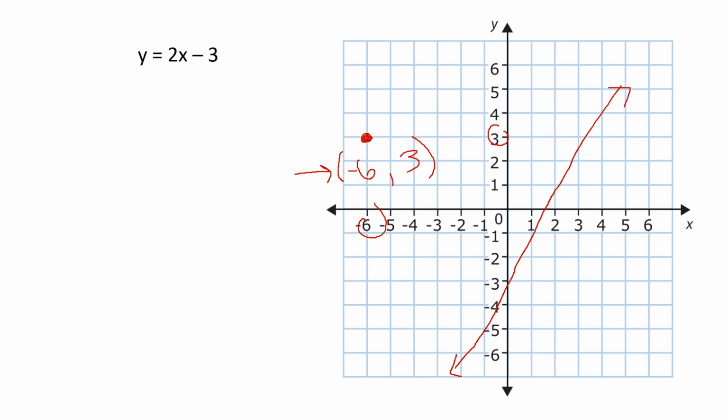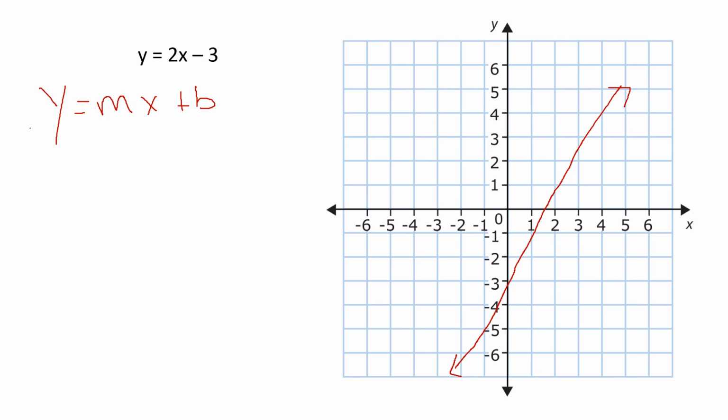A line can also be represented in a form, but it's not a point, it's an equation. It's an equation of a line, and you are going to hear this over and over and over. y = mx + b, the slope formula, is the most used form of an equation of a line.